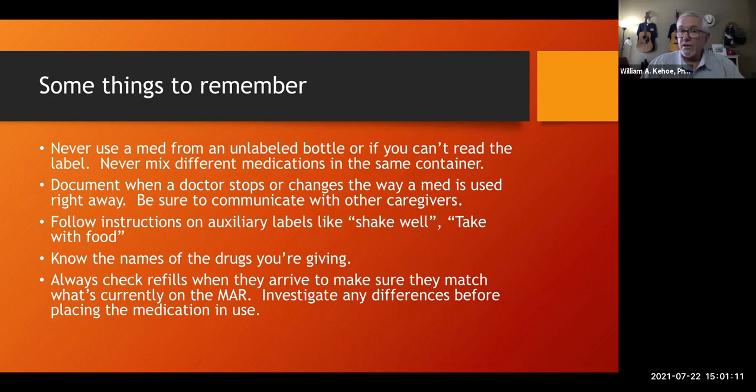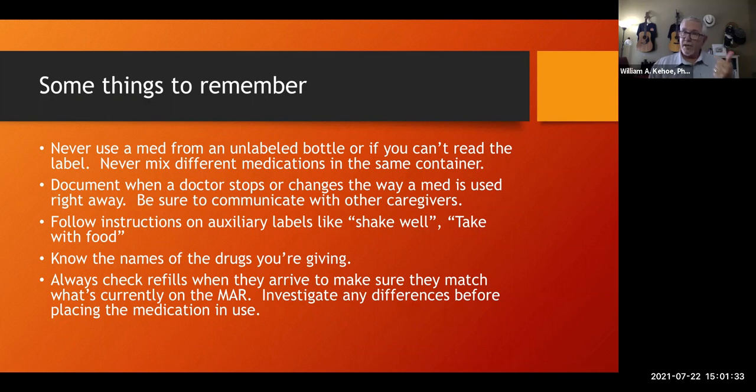Also follow all the instructions on the auxiliary labels. For instance, shake well, take with food, keep in the refrigerator, keep at room temperature, those kinds of things. Know the names of the drugs that you're going to give. And as I said, I'll give you some resources on that in a moment. But last there is always check about refills.